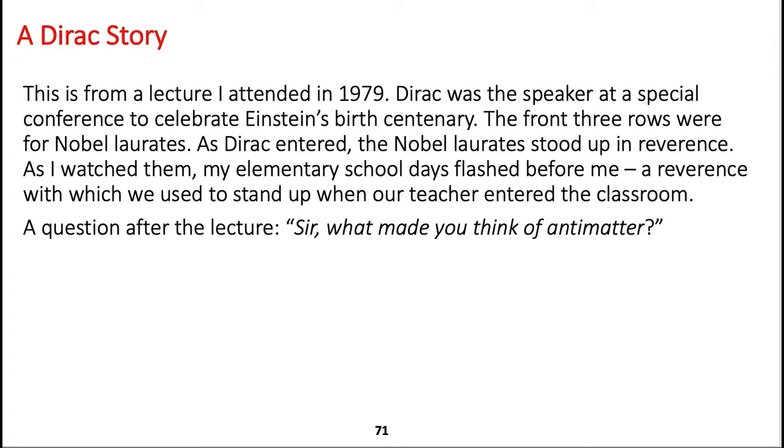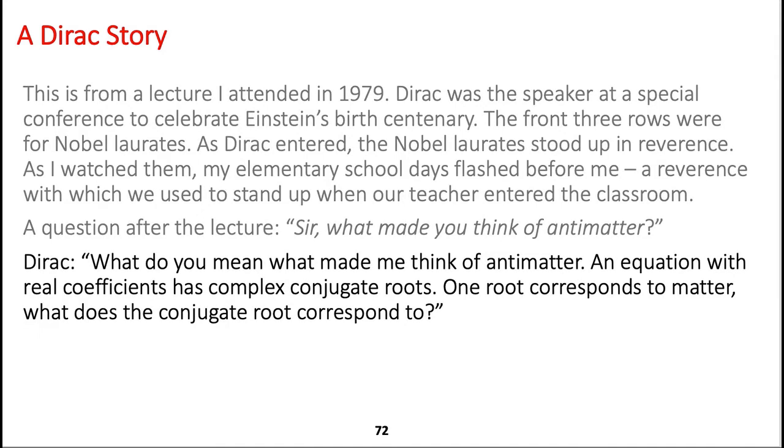After Dirac gave the lecture, someone asked a question. Sir, what made you think of antimatter? Dirac responded, what do you mean, what made me think of antimatter? An equation with real coefficients has complex conjugate roots. One root corresponds to matter.